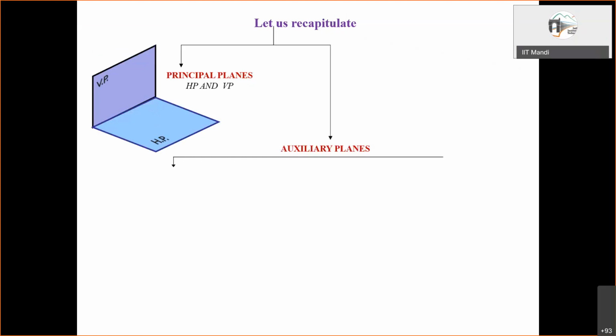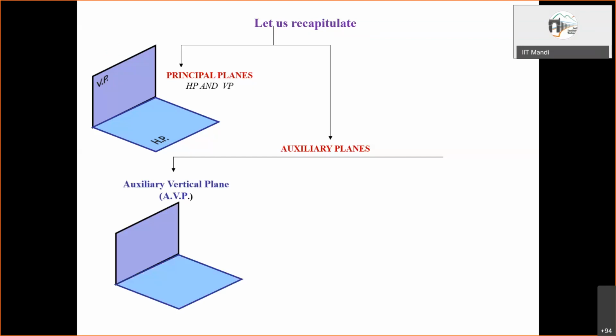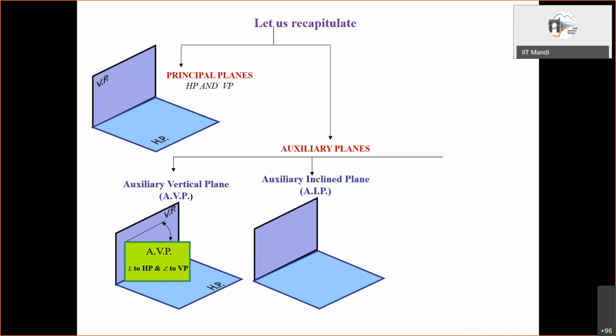Then we had a set of auxiliary planes also. We had auxiliary vertical planes, which were perpendicular to the horizontal plane but inclined with the vertical plane. Then we had auxiliary inclined planes, which were perpendicular to the vertical plane but inclined with the horizontal plane.